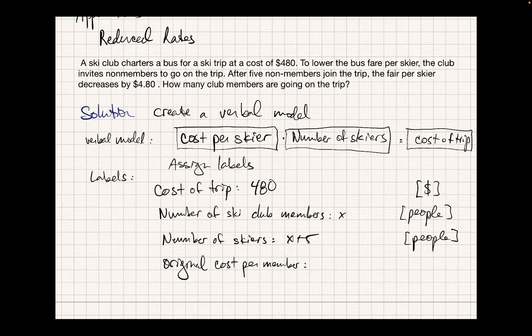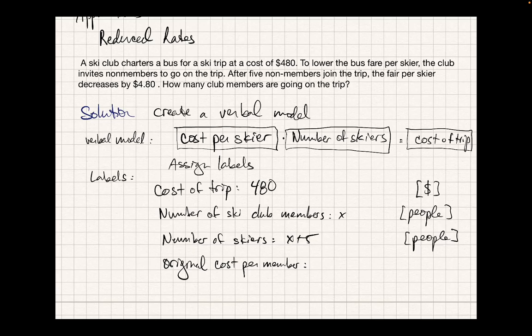No, original. Adding the 5 non-club members causes the decrease. Is it X plus 5 divided by 480? No, original, with just the club members. So 480 divided by X. There you go.